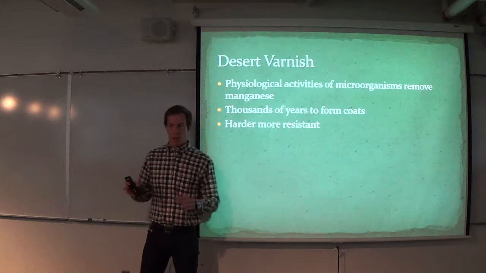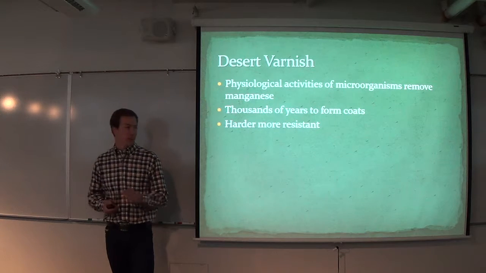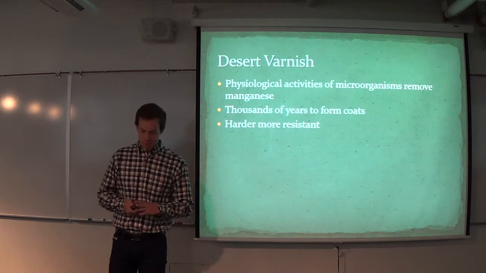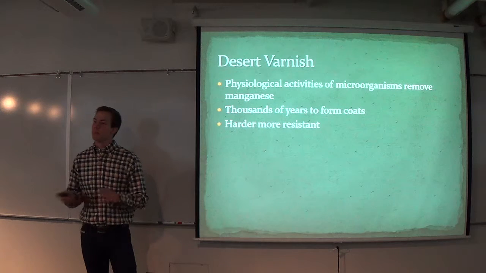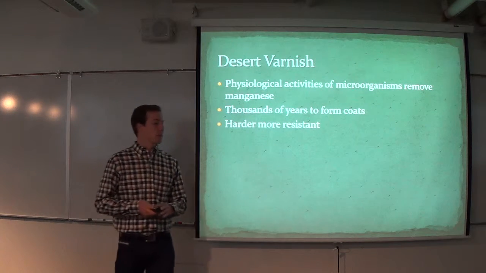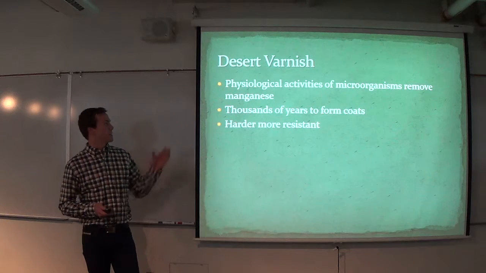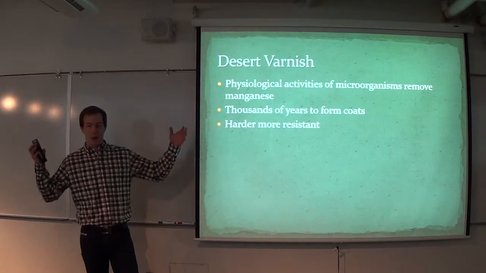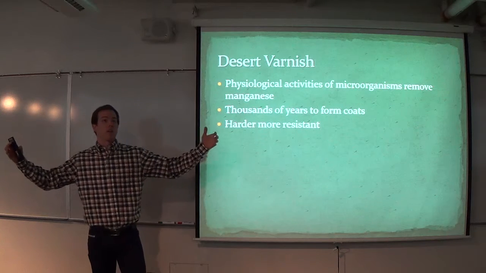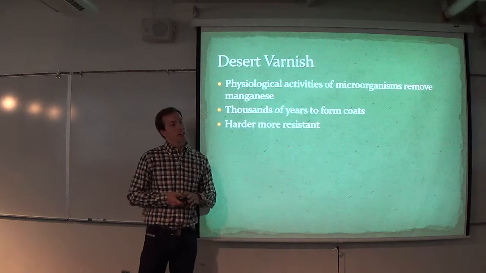A little bit off topic of sandstones and its characteristics, but relevant, is desert varnish. I wanted to mention it, one, because it protects the Wingate sandstone surface very well, and it also adds features. It's biophysiological activity. Microorganisms to live, they bring out the manganese and other mafic materials to the surface of the rock.